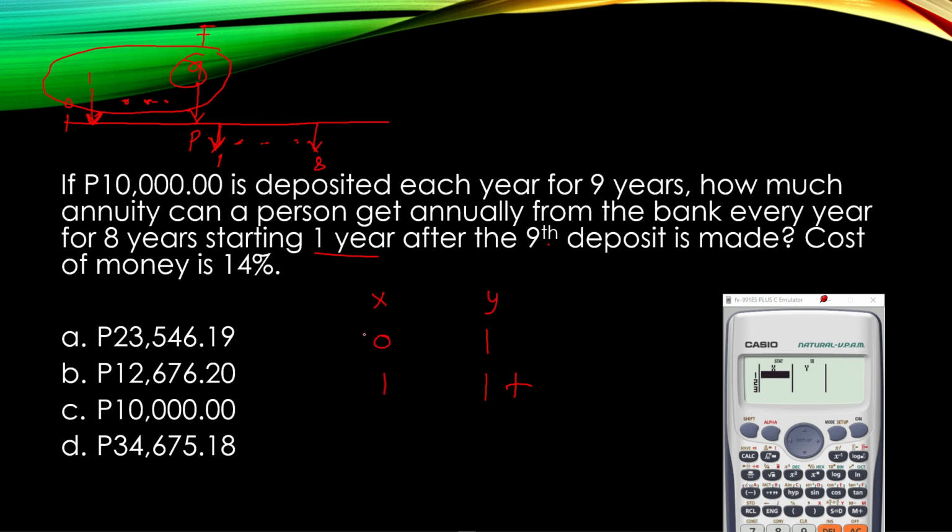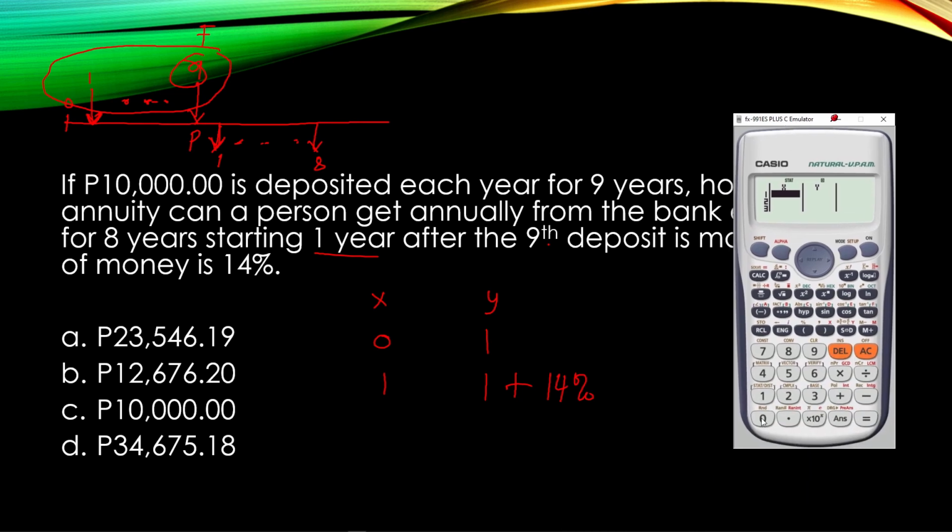So, pag hindi binigay, that is automatic annually. So, 14%. Okay. So, input natin yan sa ating calculator. So, we have 0, 1, 1, 1 plus 14%.